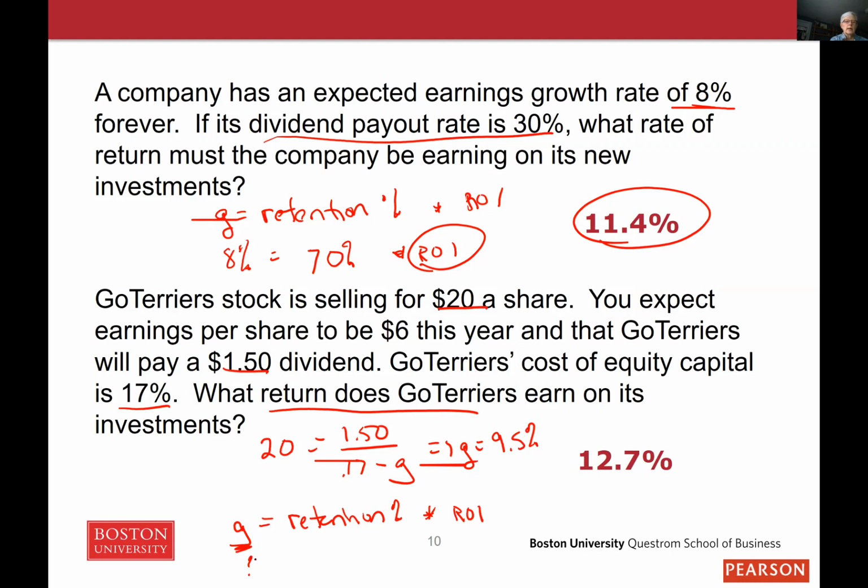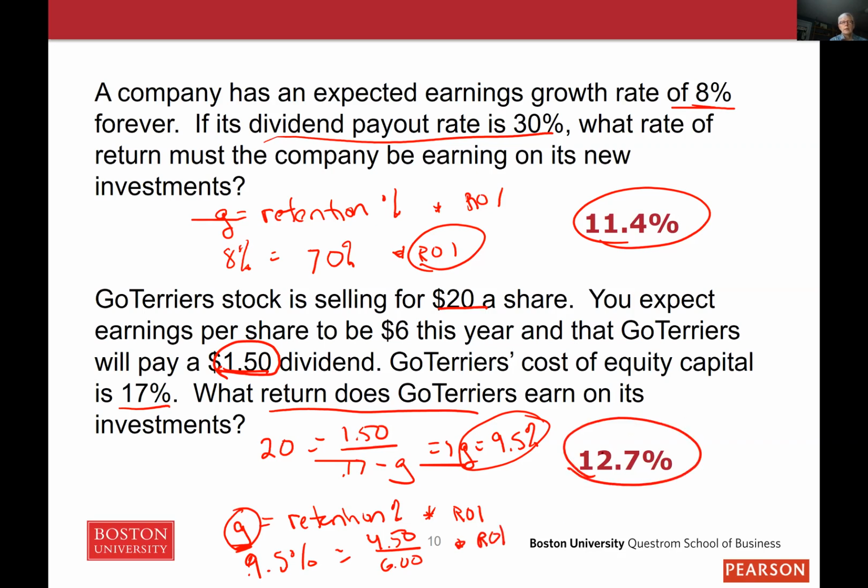So now we can come down here and say that 9.5%, now we know what G is, equals, if you're paying $1.50 dividend, it means you're retaining $4.50 times ROI. And now we can solve for ROI.